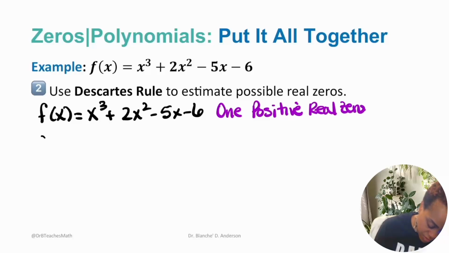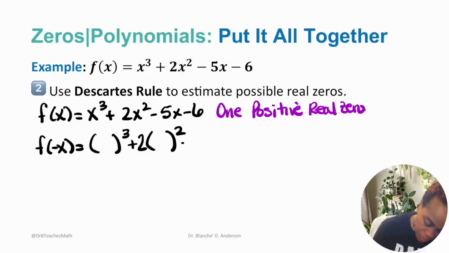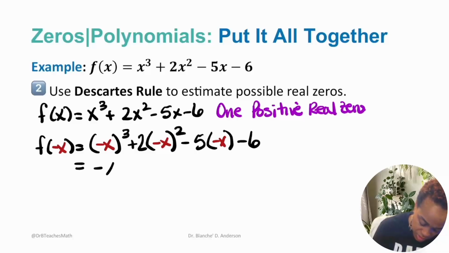And then f of negative x. Let's see what we get with that. So that's going to be a minus x cubed, a 2x squared, and then a plus 5x minus 6.